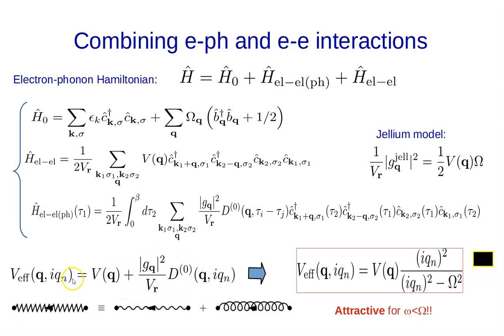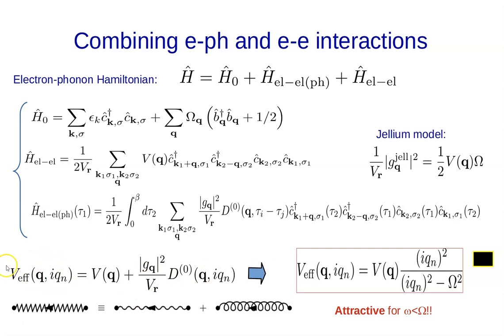In terms of diagrams, I could write this as a diagram that is wavy, like the bare Coulomb interaction, plus a diagram, or an interaction line, that is essentially the phonon propagator, plus the two points here in the vertices, the G of Q's. And we're going to do this calculation.